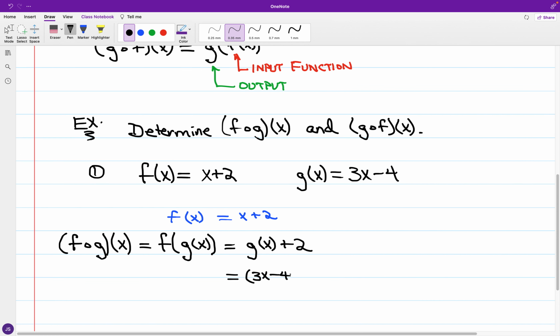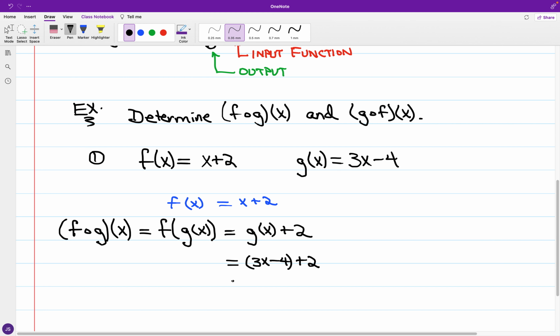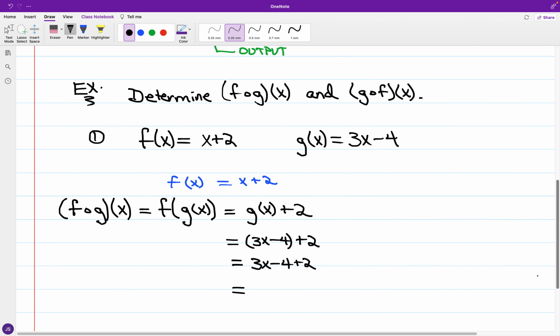So you have g of x plus 2, which is 3x minus 4 followed by the addition of 2. Once you put it together, the resulting expression will end up at 3x minus 2.